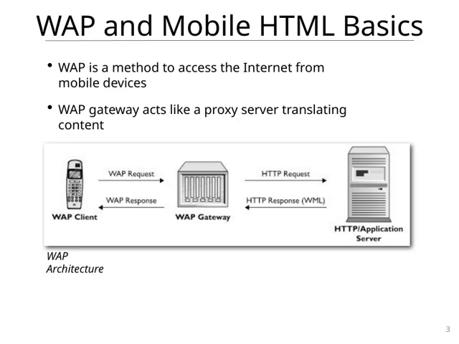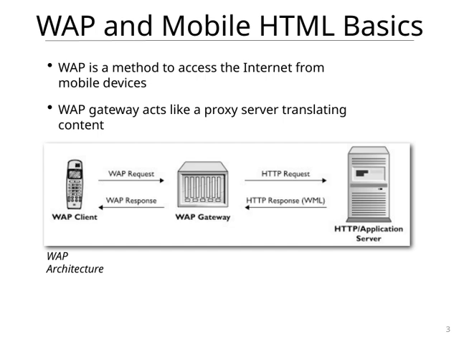Let's start with WAP and mobile HTML basics. WAP, or Wireless Application Protocol, is essentially a method that allows us to access the internet directly from our mobile devices. It's designed to make browsing on the go possible, even with limited bandwidth and small screens. Now, when we talk about WAP, there's an important component called the WAP gateway.